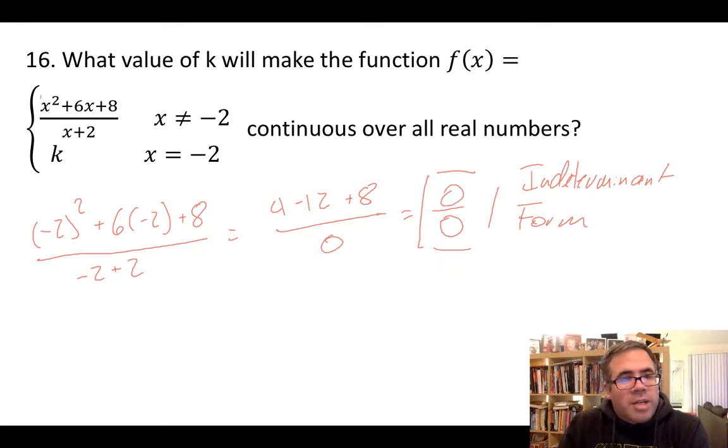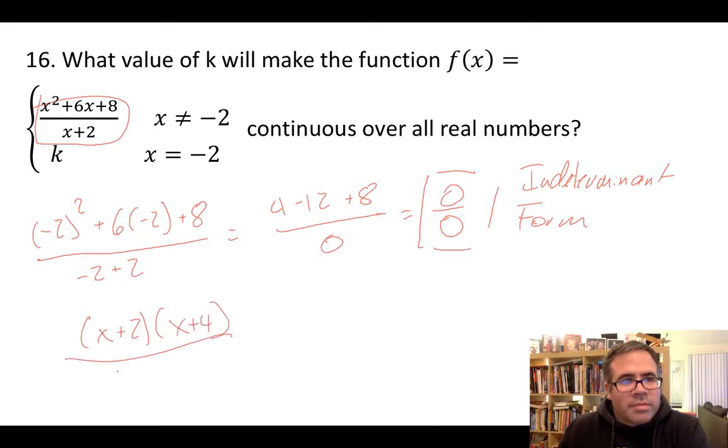If we go back to our original definition here, this quadratic can be factored into x plus 2 times x plus 4. And then as long as x is not equal to negative 2, you can cancel this out.